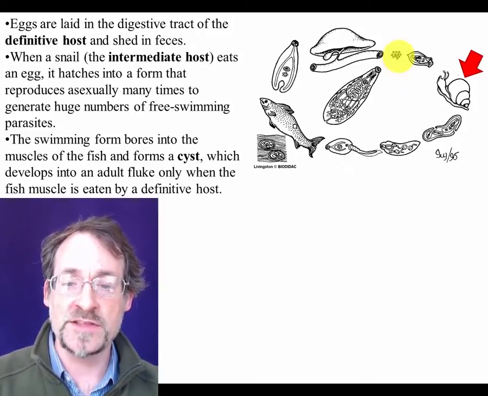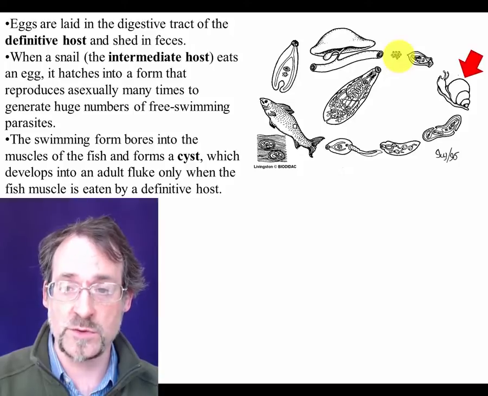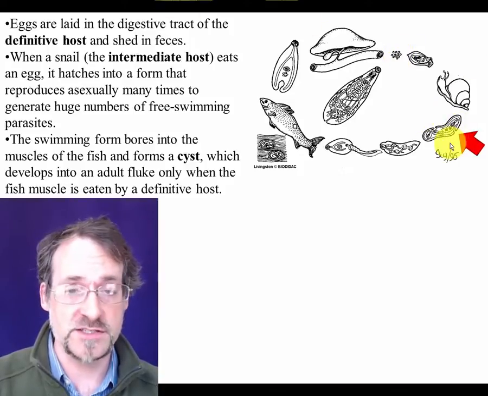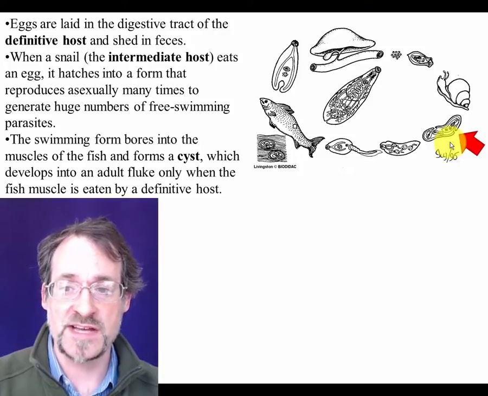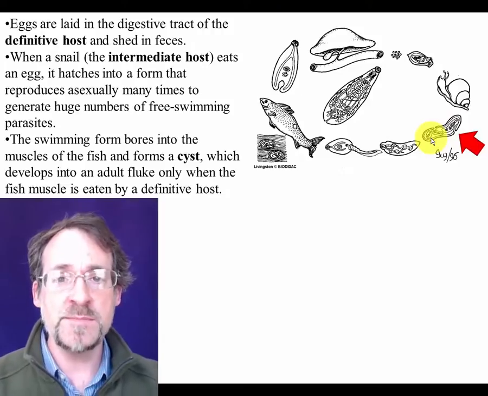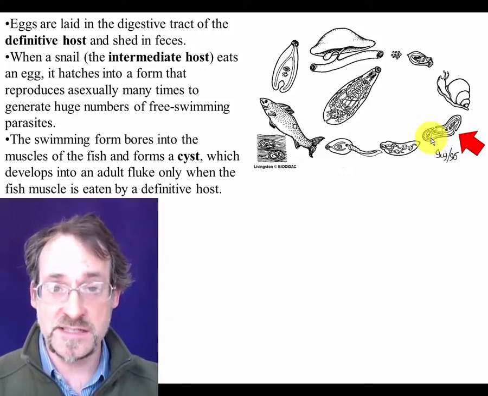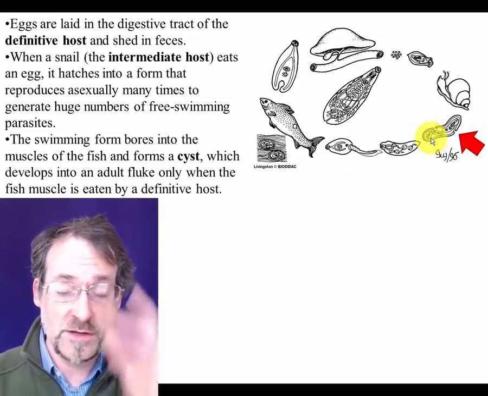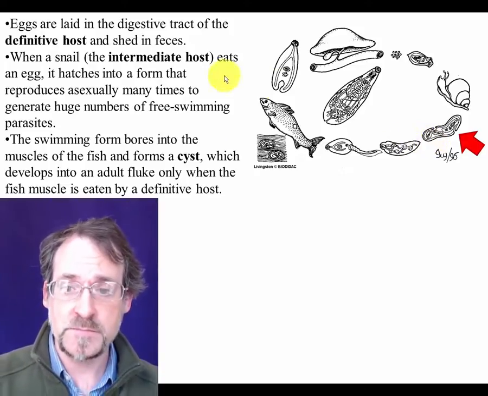You don't have to worry about the names of these different organisms, but basically there is a structure called a sporocyst that results from the hatched egg, and it internally will generate many, many genetically identical new forms called metacercariae.